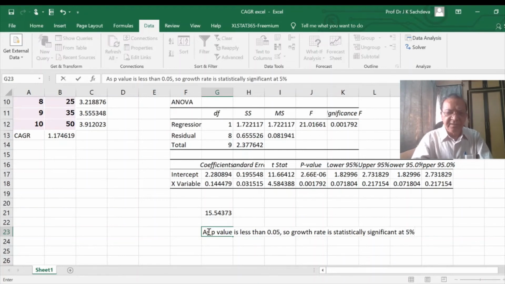You can even say at the 1% level, because this is even less than 0.01.